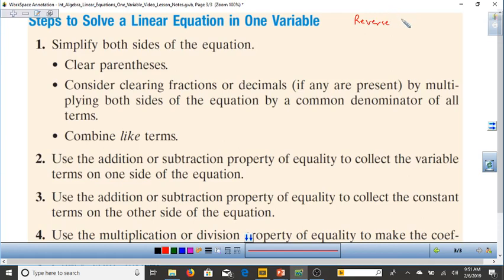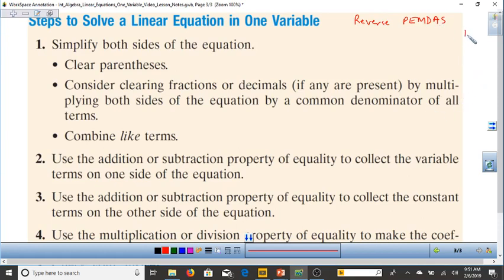We first simplify both sides. We simplify both sides by distributing parentheses, and sometimes if you have fractions, it's easier to work with integers, so you'd multiply by the common denominator of the fractions. Then you get rid of the weakest link first.